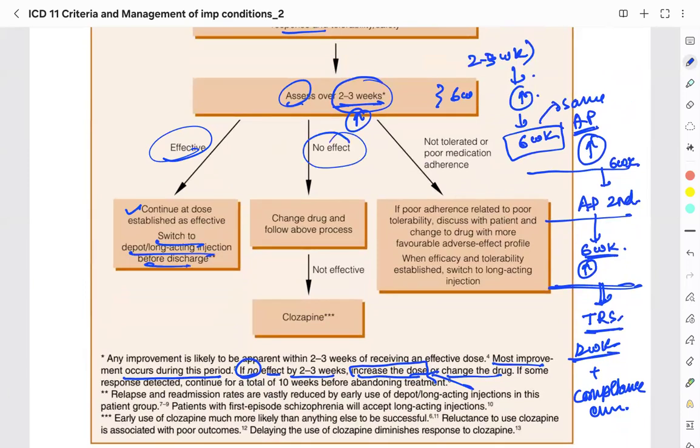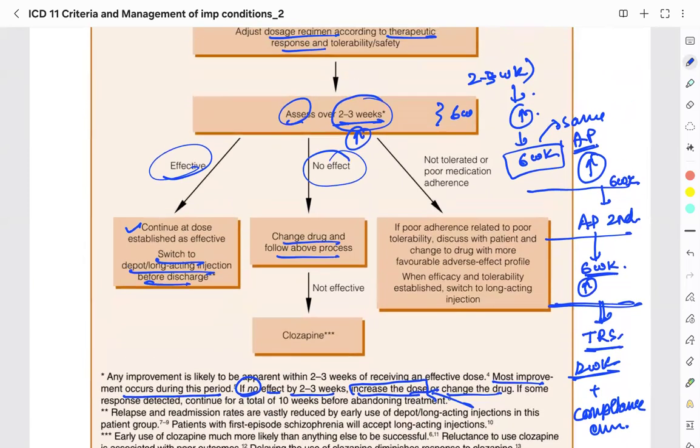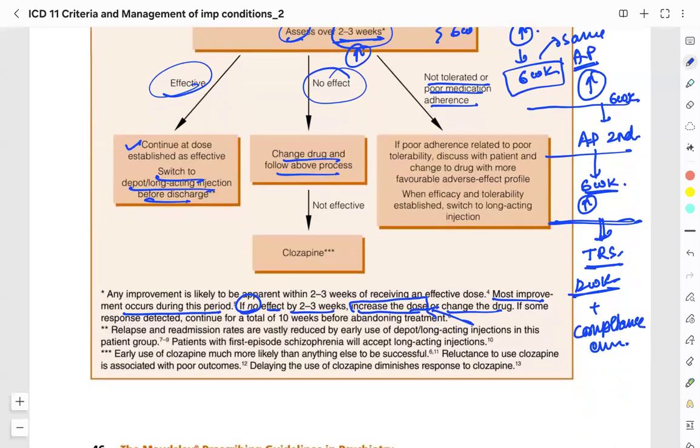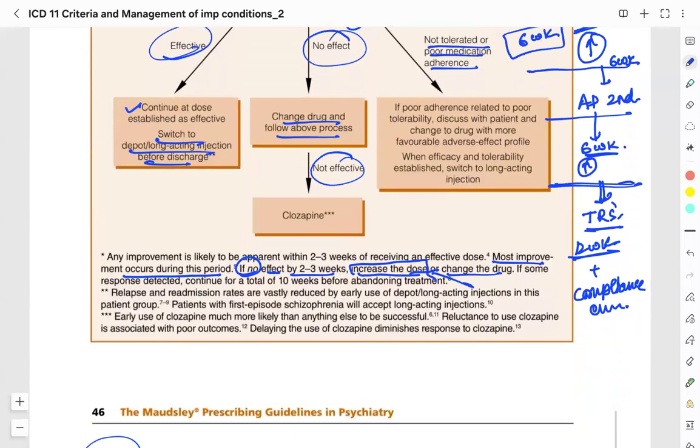If there is no effect, change the drug or increase the dose. If they have not tolerated it or there is poor adherence, change the drug or address the side effects. If it is not effective, that is when you call it treatment-resistant schizophrenia, and you start the patient on clozapine.